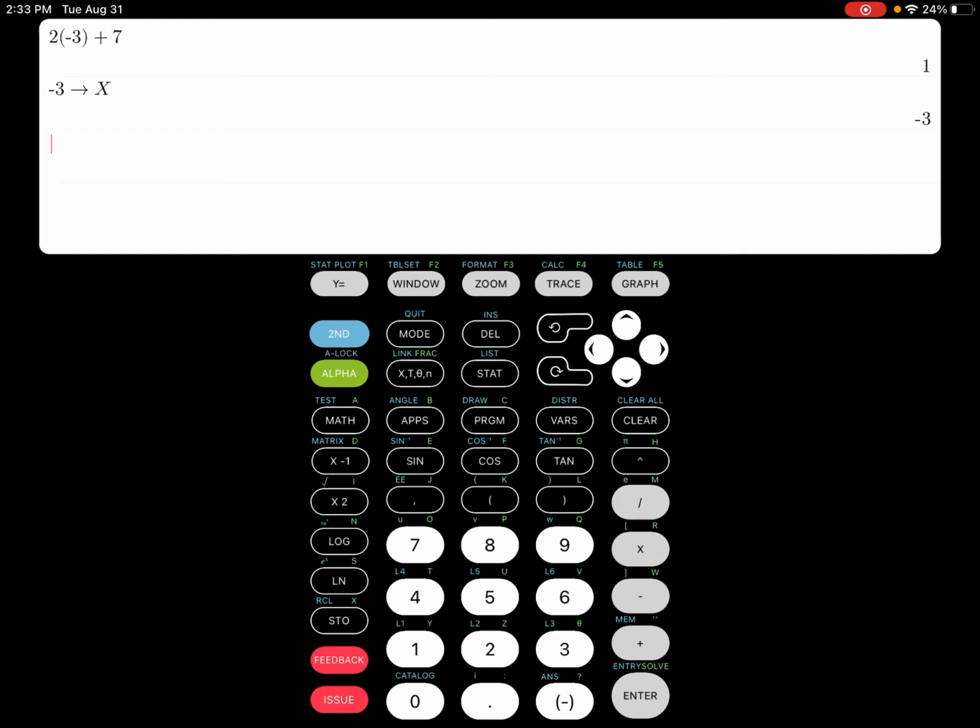So this time, once you have stored that in your calculator, you just type in the equation exactly as it was given to you. 2x plus 7. Notice this time, I didn't have to type in the -3. The calculator already does that for me. And then we hit enter, and it gives us 1.